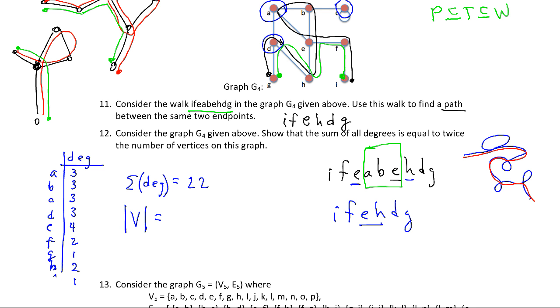I meant to write edges here. Yeah, I'm supposed to be counting edges here. 1, 2, 3, 4, 5, 6, 7, 8, 9, 10, 11. And so this is 1/2 the sum of all the degrees. And so that is a typo there.